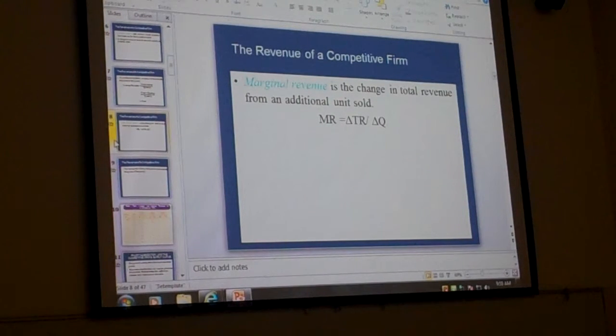In monopolies, or markets that are not perfectly competitive, that's not necessarily true. There, price is greater than or equal to average revenue, which is greater than marginal revenue. We'll get to that later. It's not the same, and that gives rise to how they price in monopoly markets. Okay, so everybody cool with that?